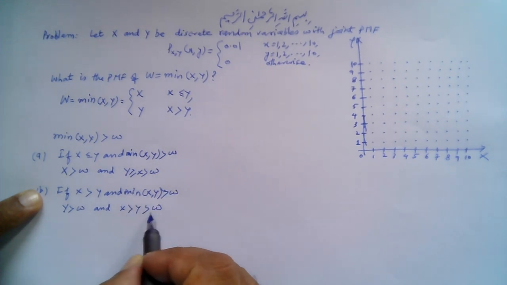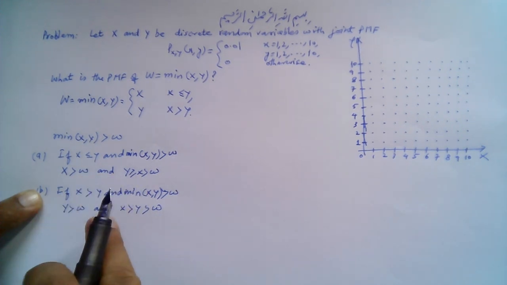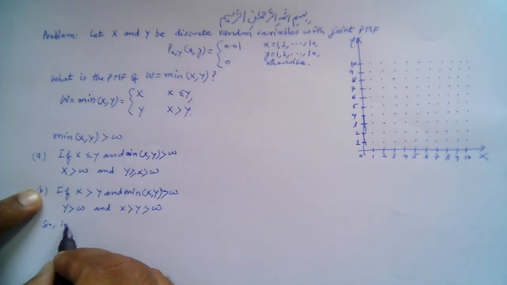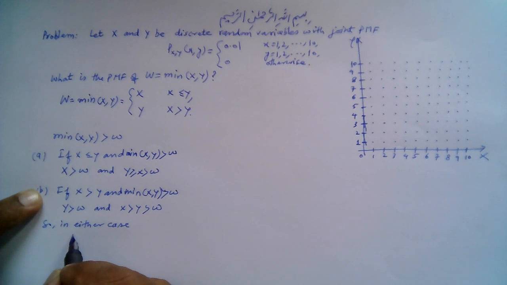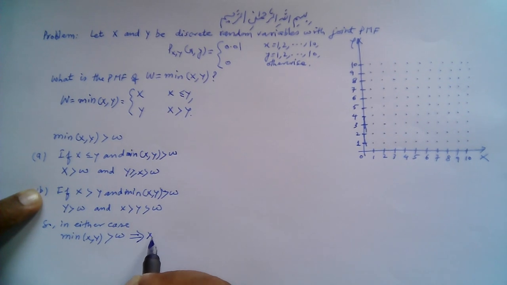So it means that x is also greater than w. So in both these scenarios, in either case, min of x, y greater than w implies that x is greater than w and y is greater than w, right?